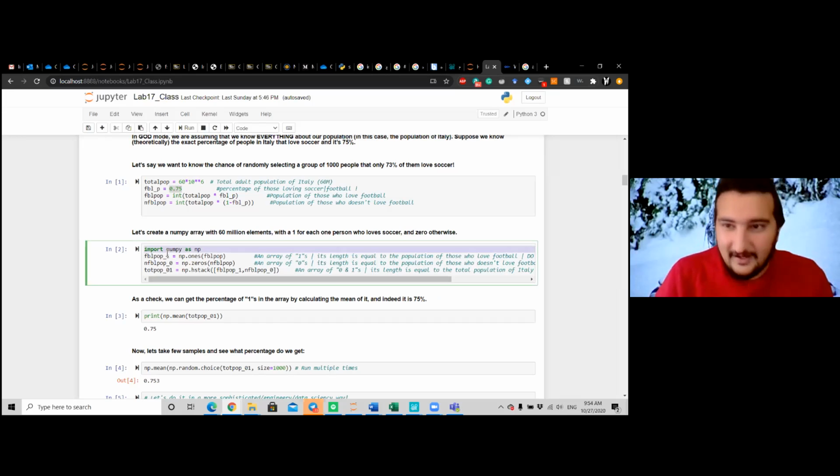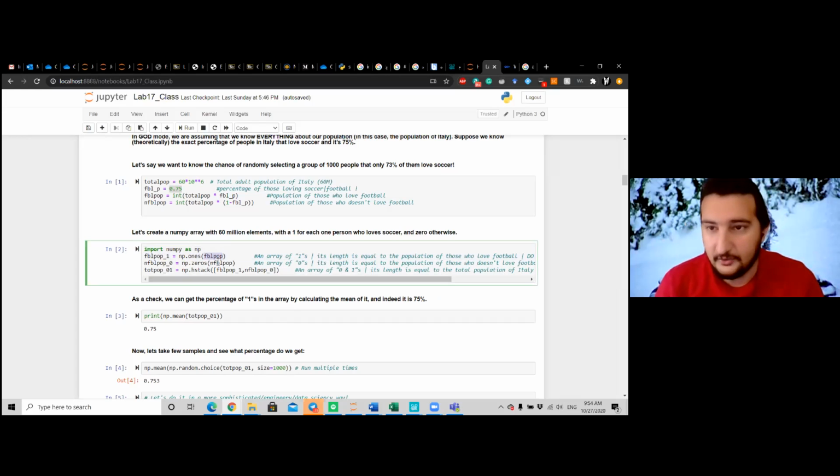So I'm importing NumPy because I want to create a NumPy array. I'm creating a NumPy array of 1s. How many 1s? The number of population who love soccer. And then another NumPy array of 0s. How many? The count of population who doesn't love football. And then I'm putting all of those together.